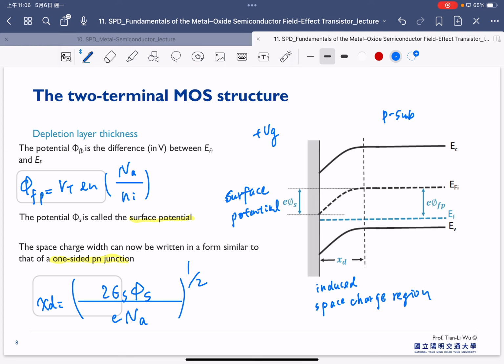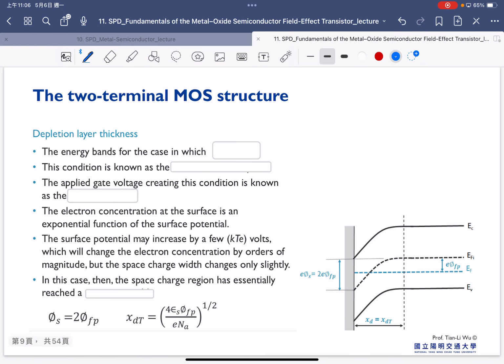And now we start to apply a small gate bias. But if we continue to increase our gate bias, we will start to see the band bending become more obvious than before, and therefore phi s can be equal to 2 phi fp here.